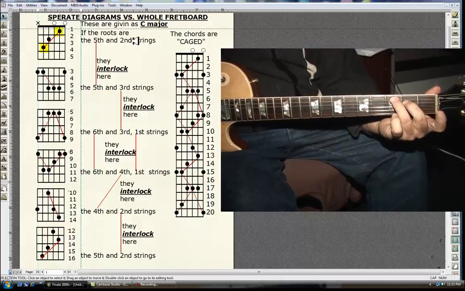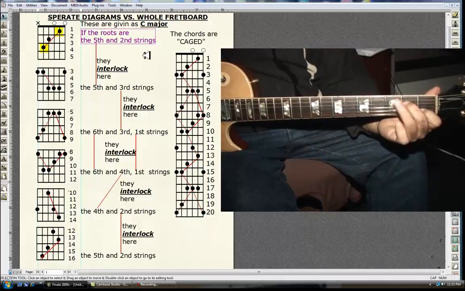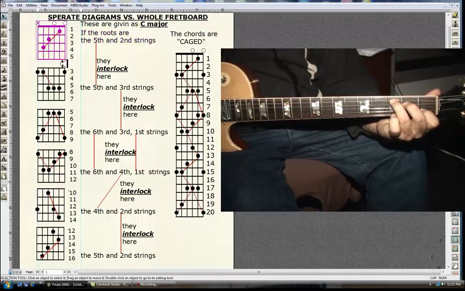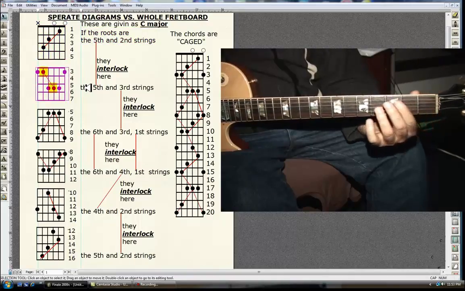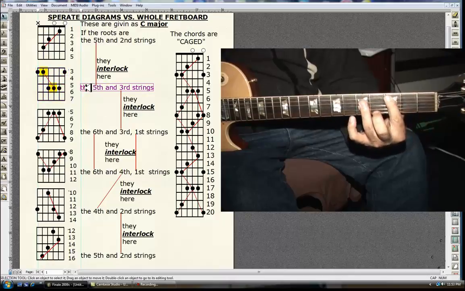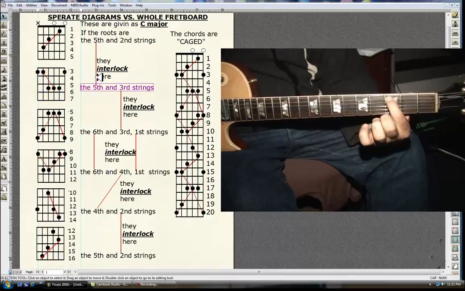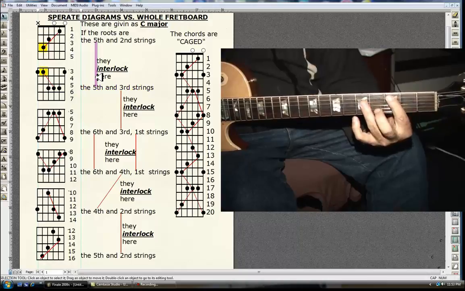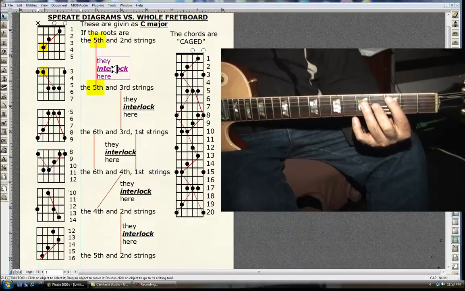With the C chord, the roots are on the 5th and 2nd strings. That's those guys there. With the A chord, the roots are the 5th and 3rd strings, and we have a 5th string in common with both chords. They interlock here at the 5th string.